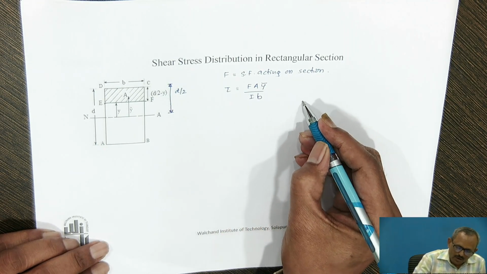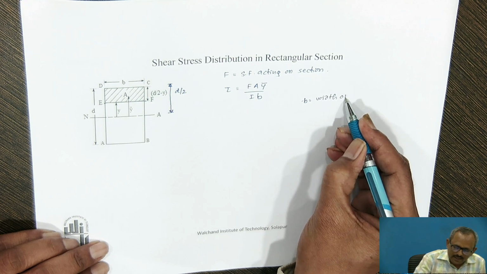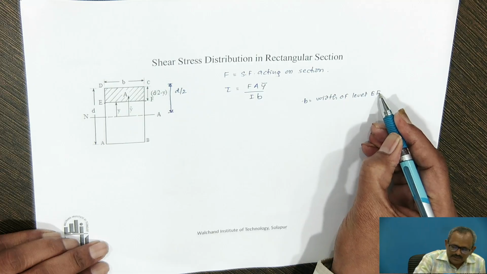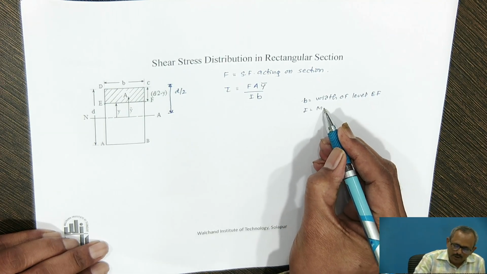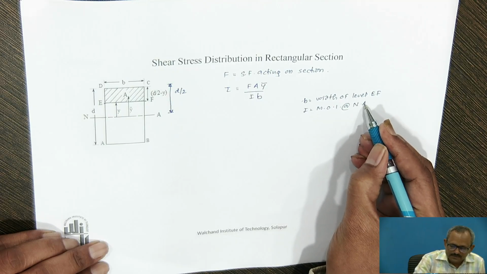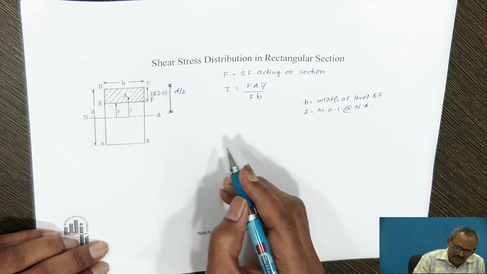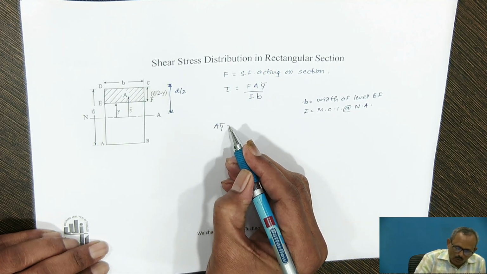B is the width of level EF at which we are determining the shear stress, I is the moment of inertia about the neutral axis, and F is the shear force acting on the section. So, let us calculate A into y bar.